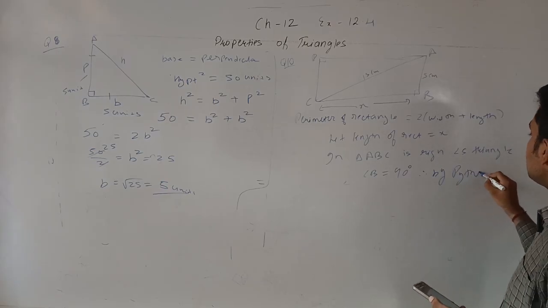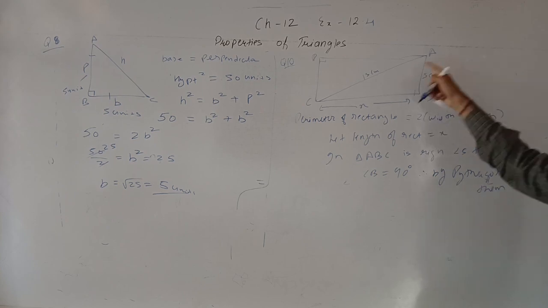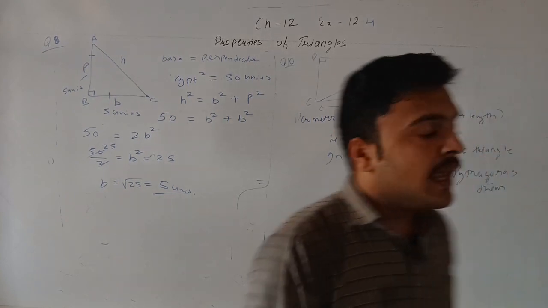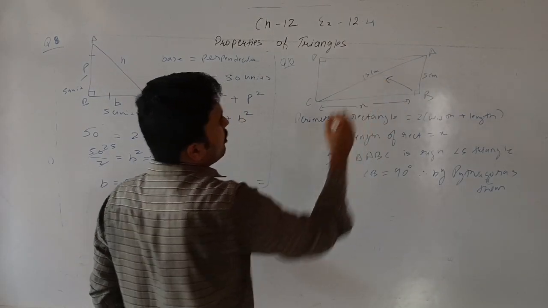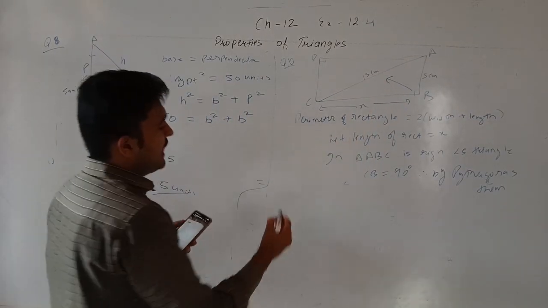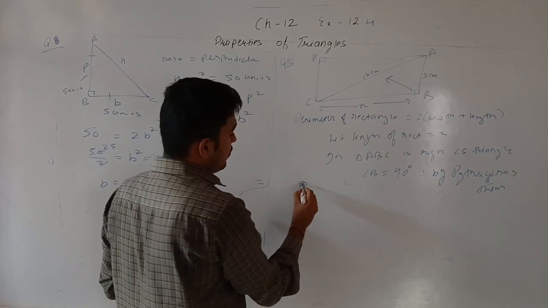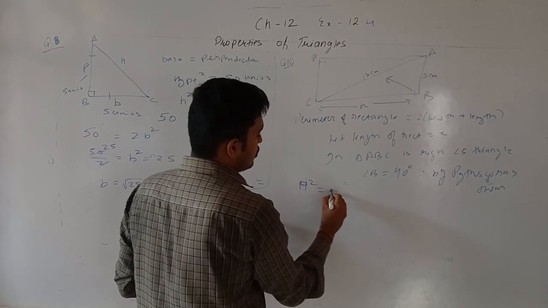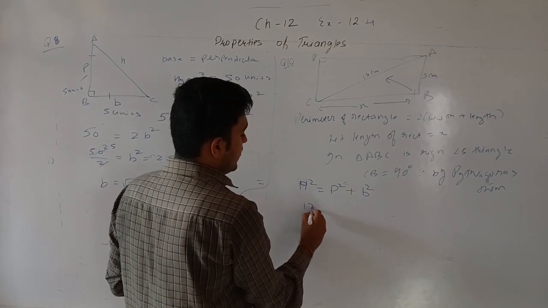Therefore by Pythagoras theorem, AC is the hypotenuse, opposite to the right angle. Hypotenuse squared is equal to perpendicular squared plus the base squared.